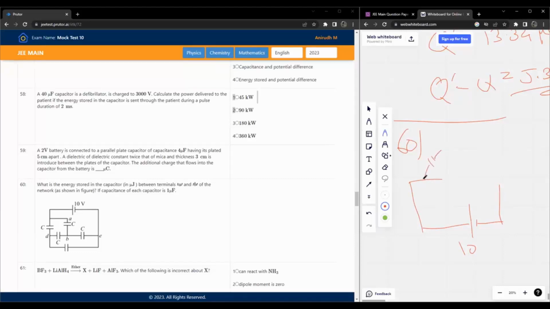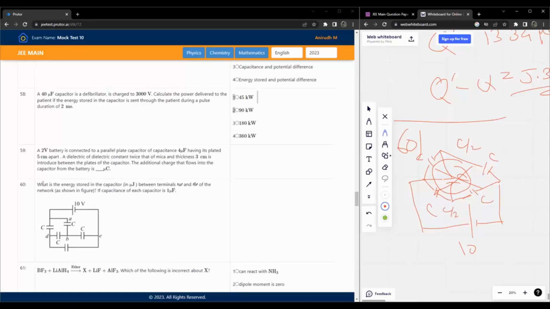Separation as a C, another C, giving another C here, giving another C here, and having a C in the middle. So basically, this becomes a Wheatstone bridge where it's balanced also. So you can just ignore this. This is an equivalent capacitance C by 2. This is an equivalent capacitance C by 2. This combines to give C.